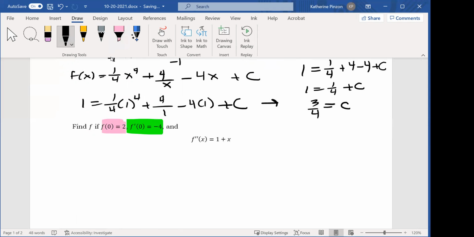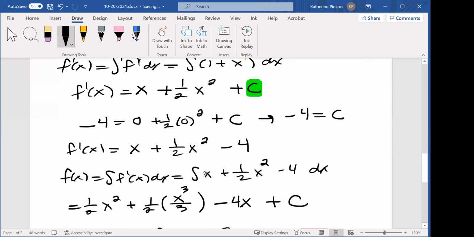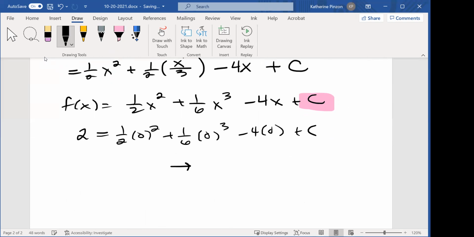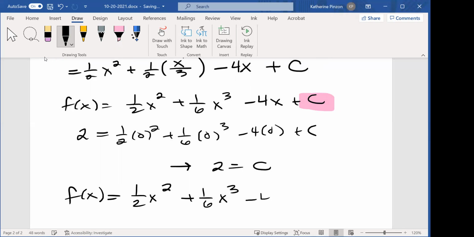So when I plug 0 in for x, it spits out a 2. So that tells me that c is 2. So in the end, my function is 1/2 x squared plus 1/6 x cubed minus 4x plus 2.